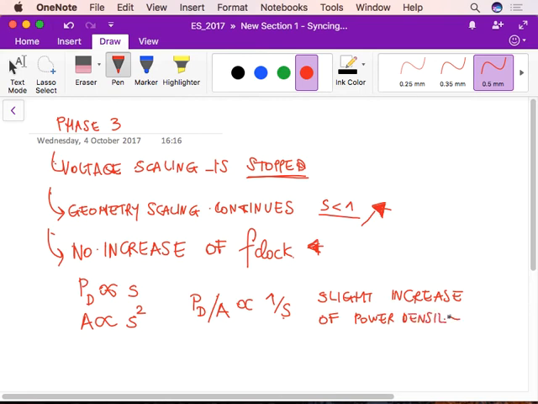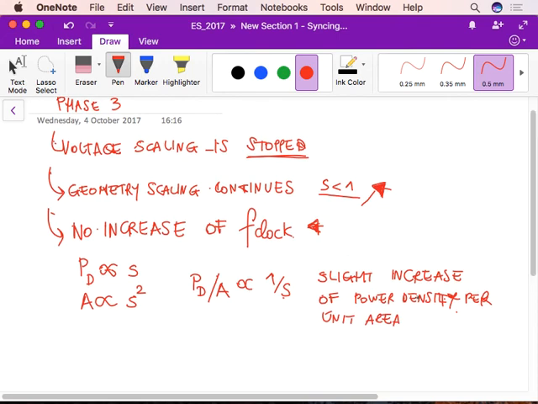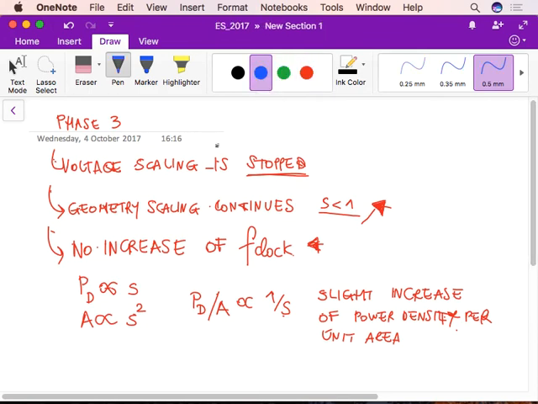It was not like 1 over S squared, but it's still too much per unit area. So you do something else. You change things a bit and you say, okay, I don't simply stop voltage scaling, but do the following thing.